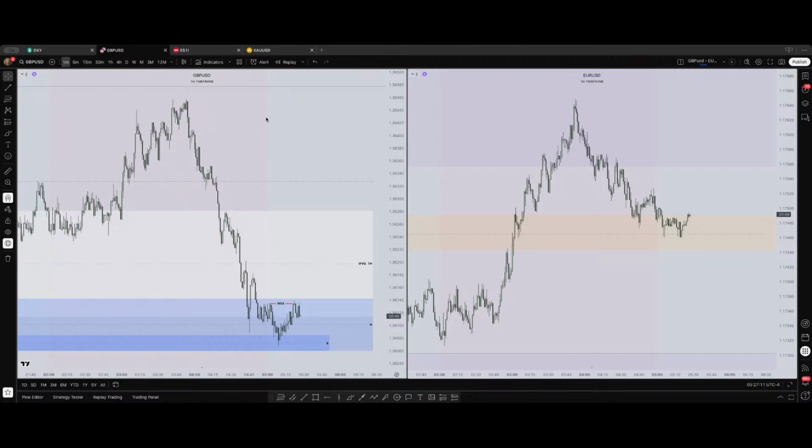I'm more intraday. Mega trades, swing trades. Nice, super interesting.